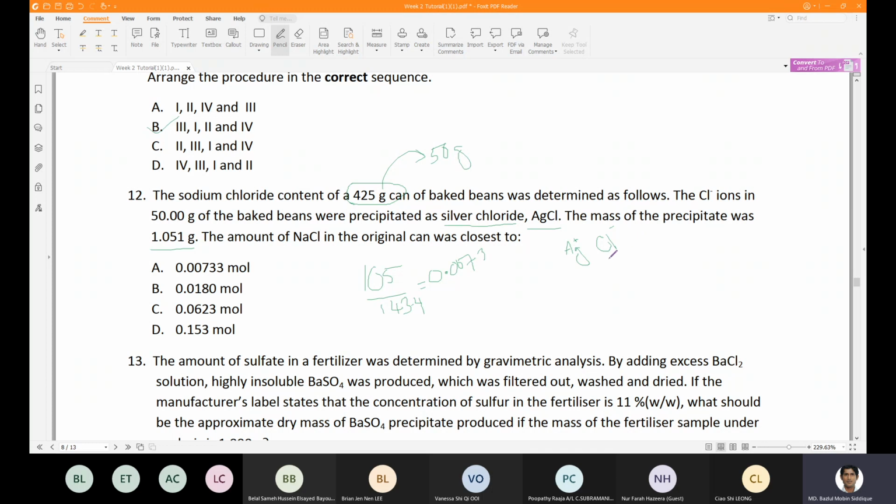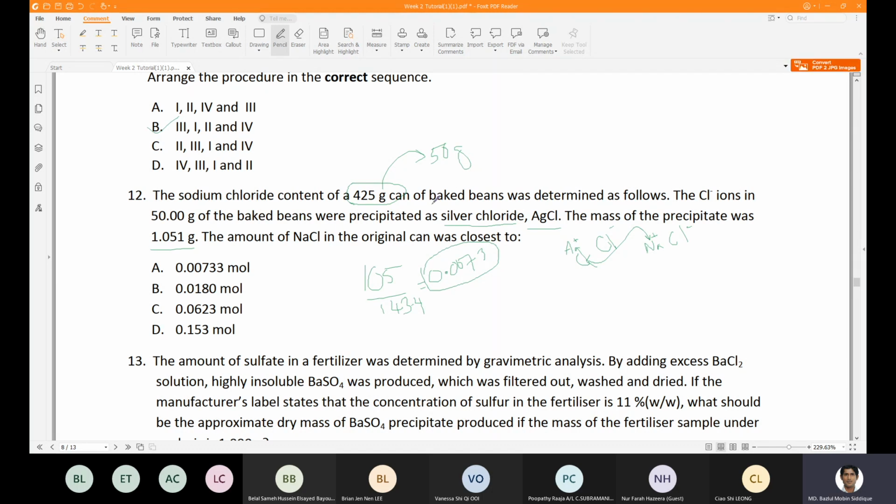Another special or interesting thing is silver chloride. In sodium chloride, it is also 1:1. So just silver and sodium are exchanged. The chloride are there already. So since it is 1:1, it will be 0.0077 moles of sodium chloride as well, right?